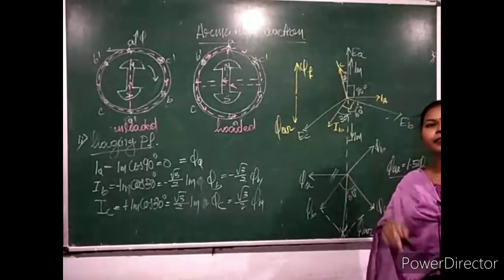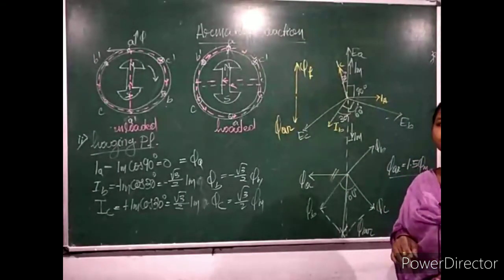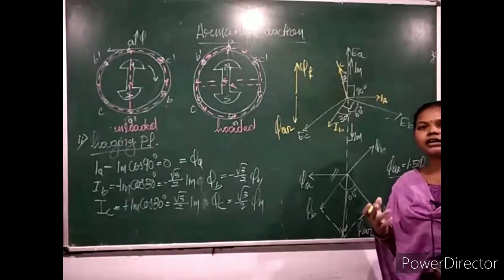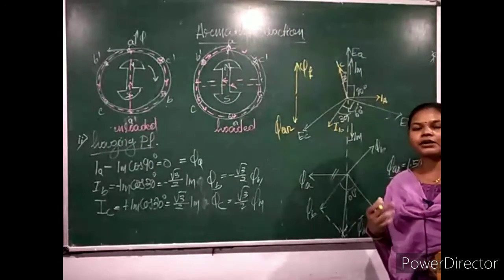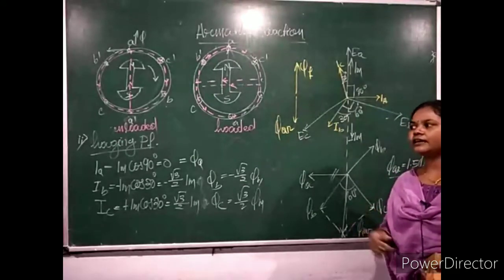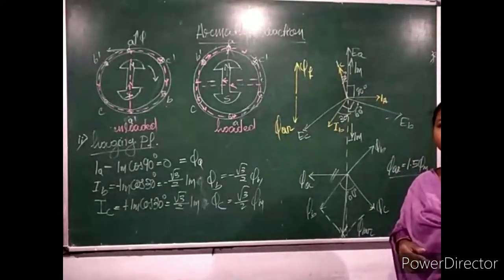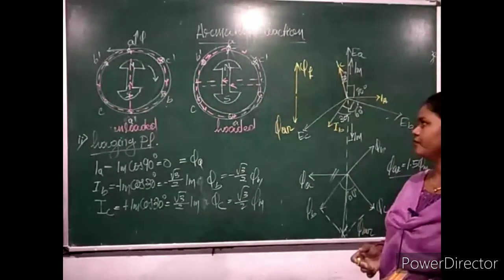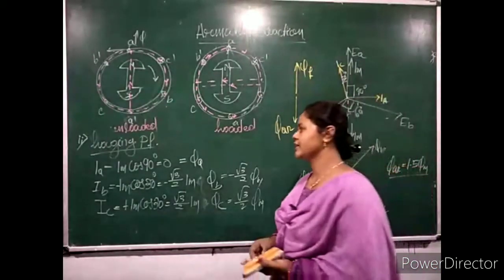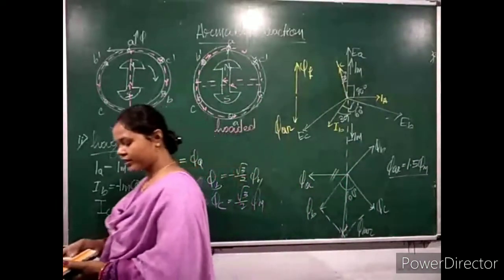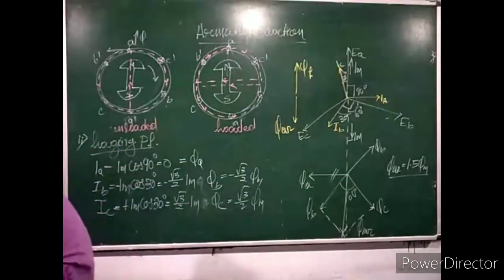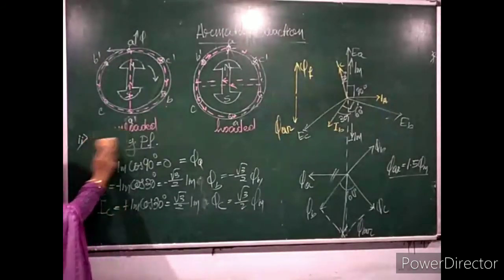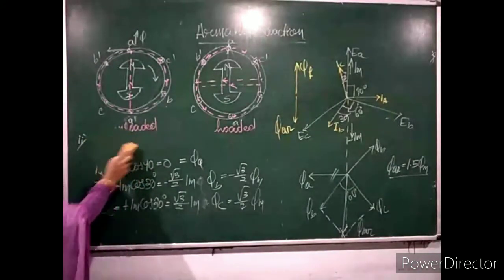If you remember, at unity power factor, the effect of armature flux on the main flux is called cross magnetizing. Here in lagging power factor, it is called demagnetizing. It demagnetizes the field flux, hence the name. Clear?